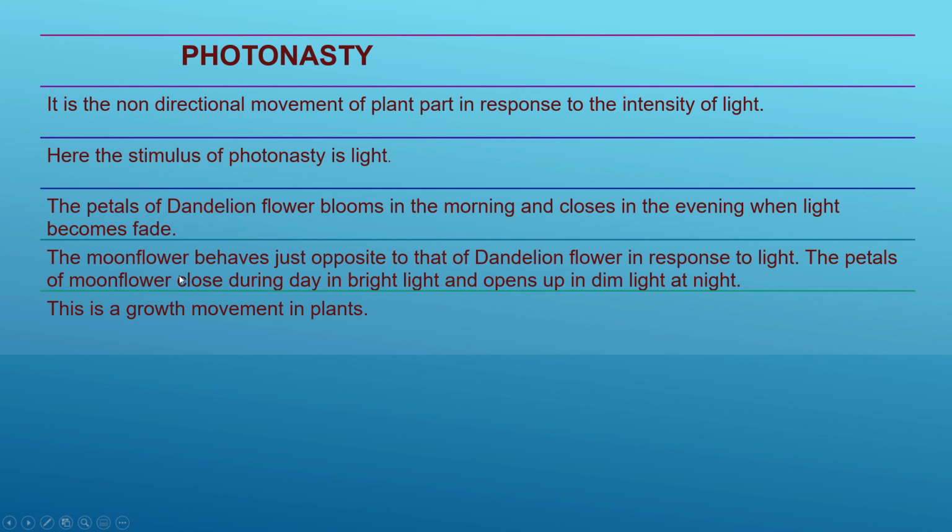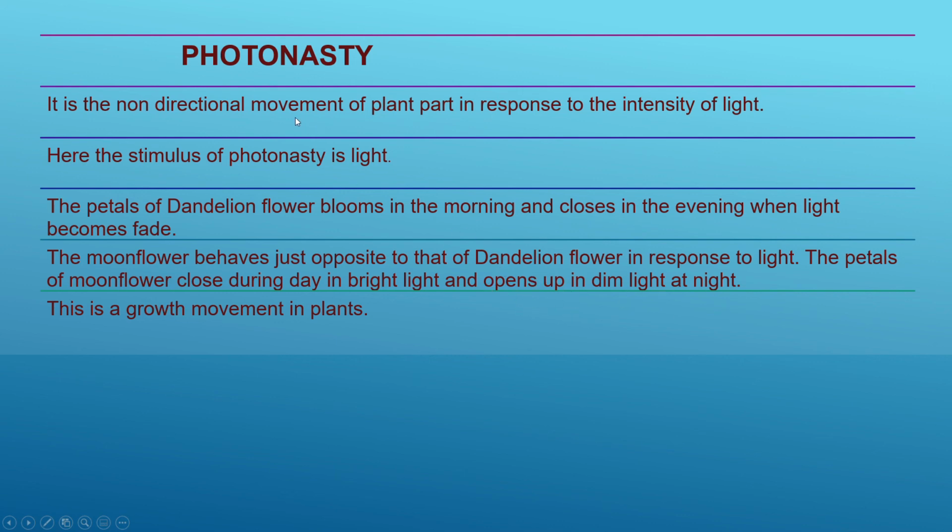And the moonflower behaves just opposite to the dandelion in response to light, because the petals of the moonflower close during bright light. That means during the daytime the petals remain closed, and during dim light, in the evening time, the petals open up.